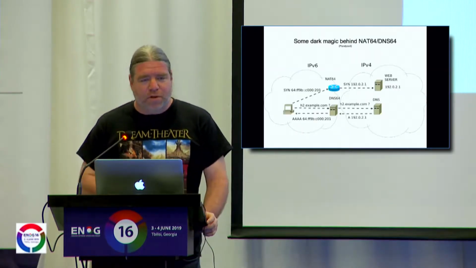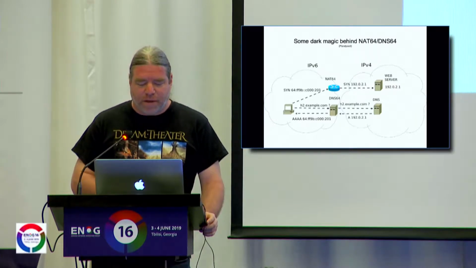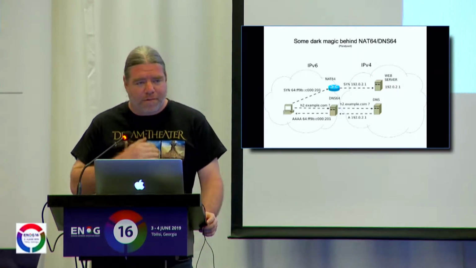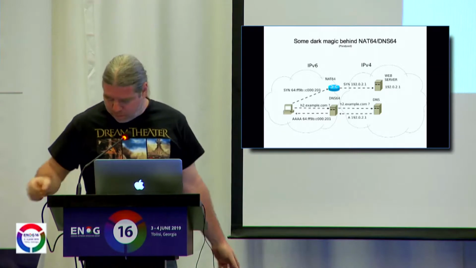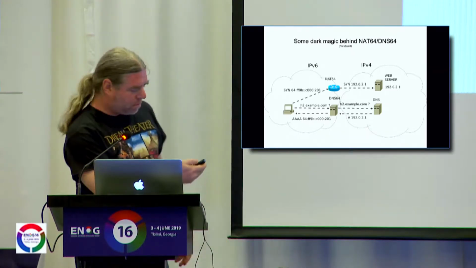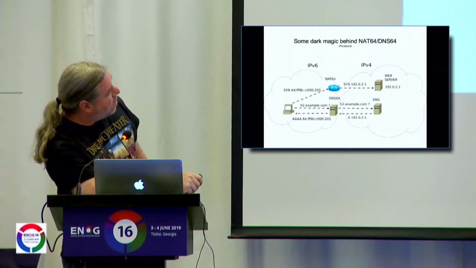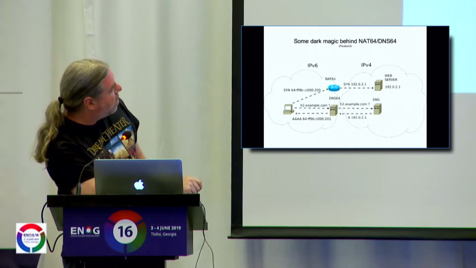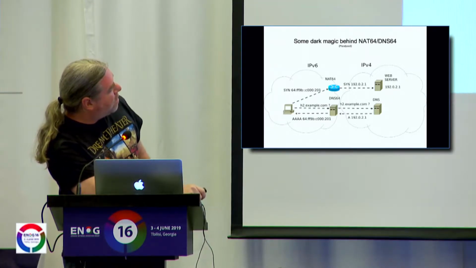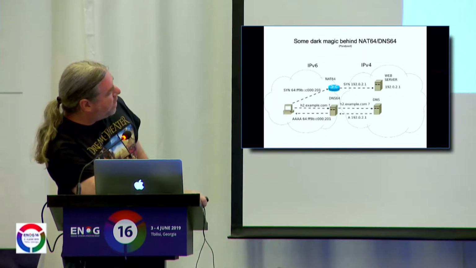Okay, let's go through some of the dark magic behind NAT64 and DNS64 fairly quickly. So this is the machine that is asking a question, and it's on IPv6-only. It asks the DNS64, which asks the real DNS server.